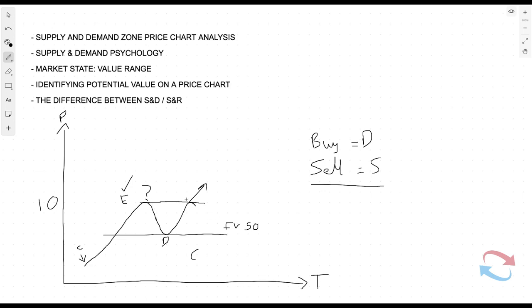So getting back to this, if traders are buying at fair value, let's say for example prices retrace and then prices come up to here again. Now, if traders who are looking to buy this currency or commodity or whatever it is that we're buying, don't see this as being undervalued, then prices again are going to go down.